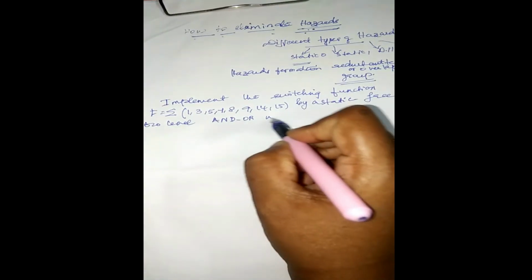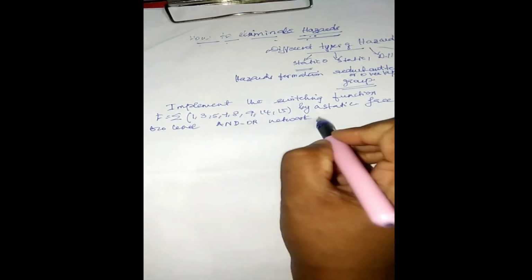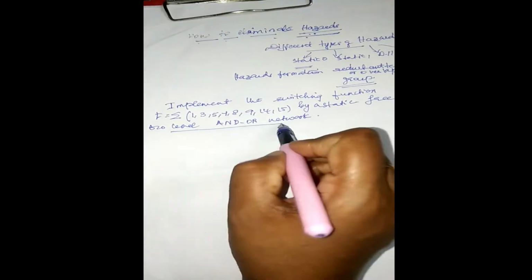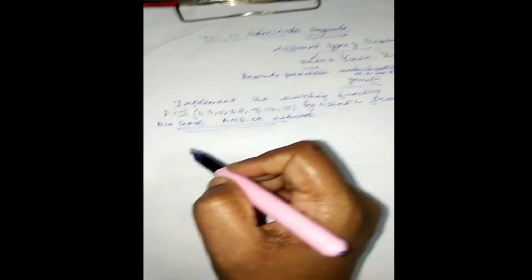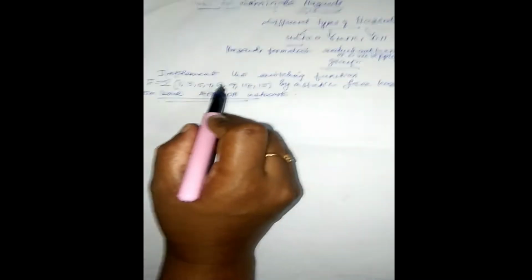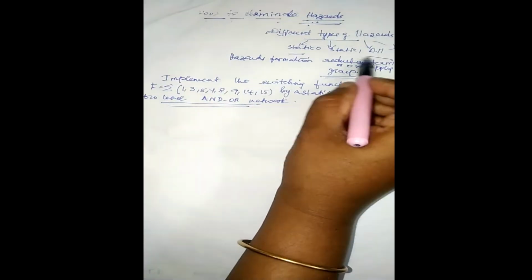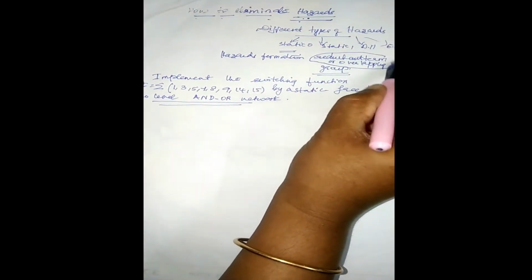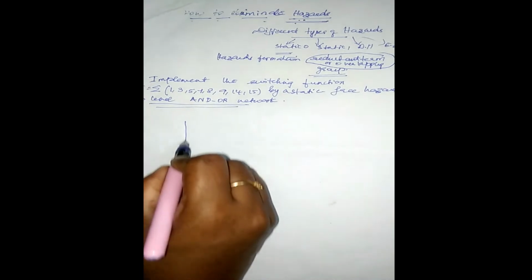This is the question, right? So they're asking us to eliminate the hazard for this particular question. So we know that a hazard can be eliminated, as I told you, by the redundant term or overlapping group. Okay, now consider this.